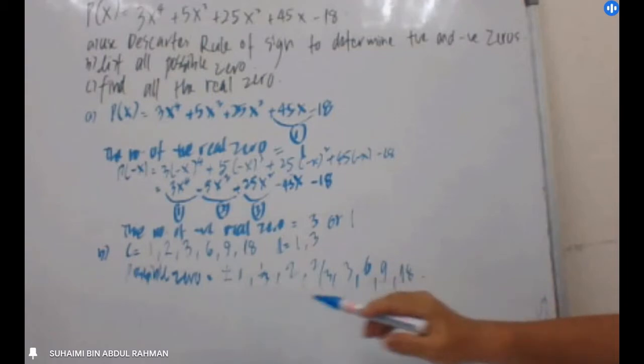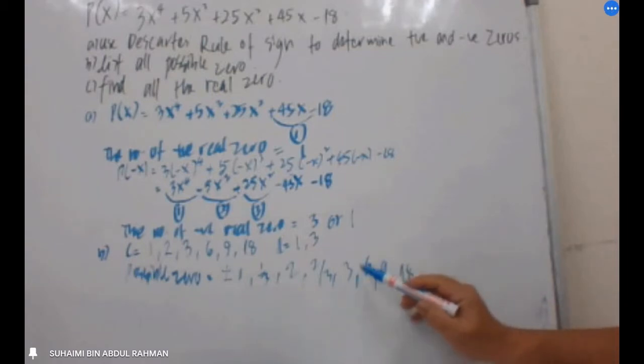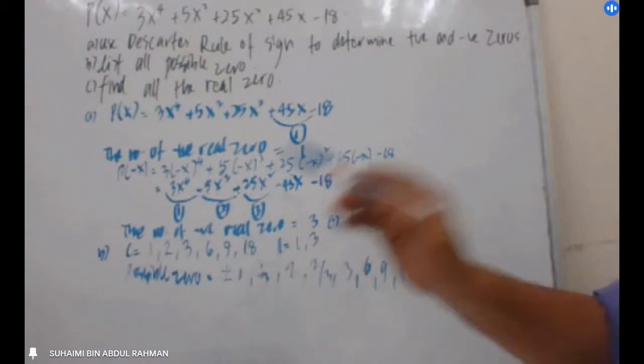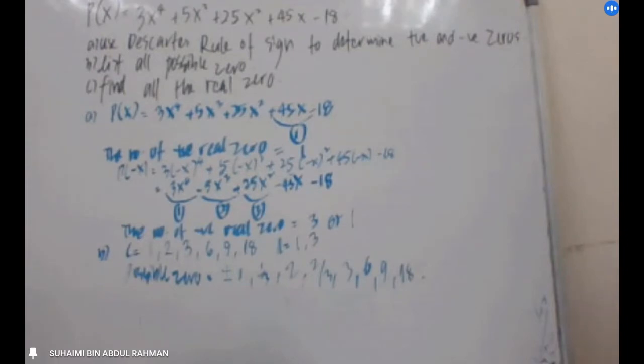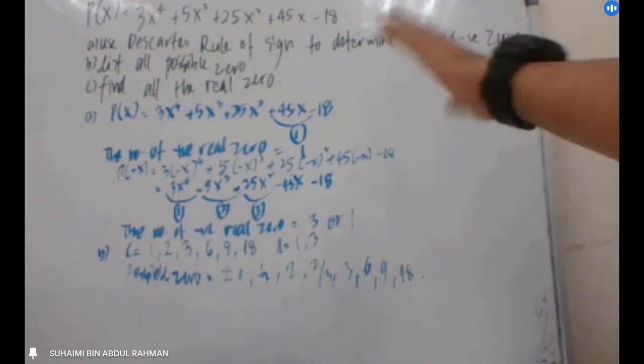If you look at the numbers here, how many? 1, 2, 3, 4, 5, 6, 7, 8. So 16 altogether. However, how many zeros does this polynomial have?